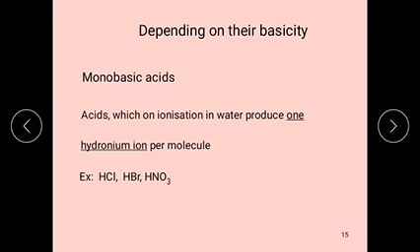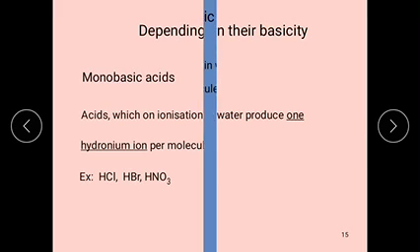That is HCl, HBr, HNO3: hydrochloric acid, hydrogen bromide, nitric acid. These have only one H plus ion. On ionization they produce only one H plus ion. Then these are the monobasic acids.